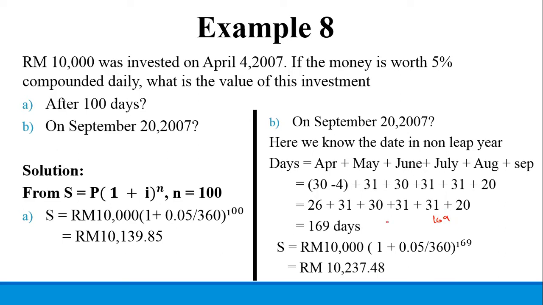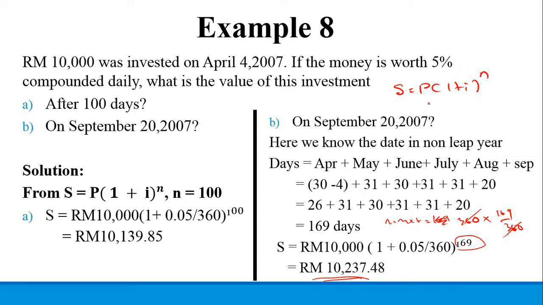You know n equals m times t, so 360 multiplied by 196 over 360. You can eliminate again, you get 196. So you will get 10,237.48.